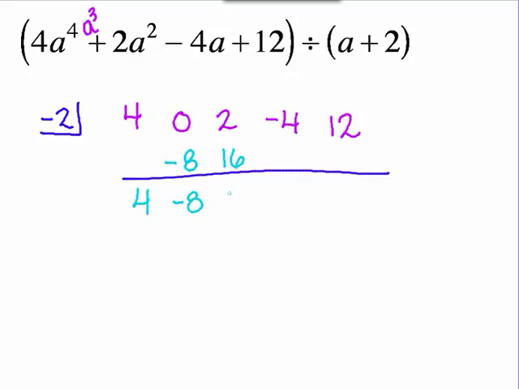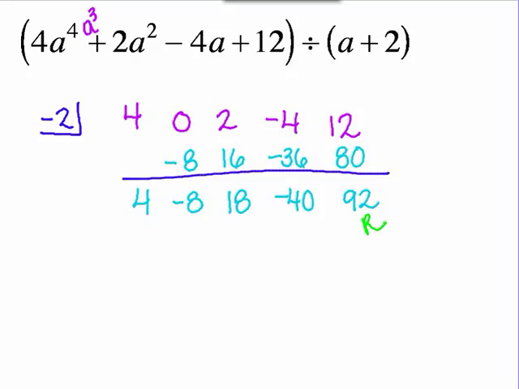Yep. 18. Very good. Negative 36. Yep. So negative 36 and negative 4 gives me negative 40, times negative 2 is 80. Bring that down. 92. So we know 92 is our remainder.